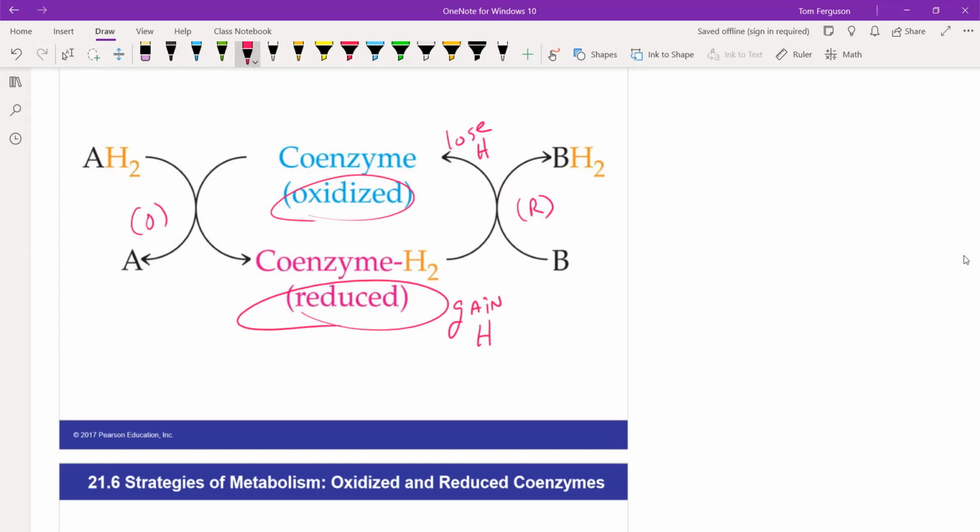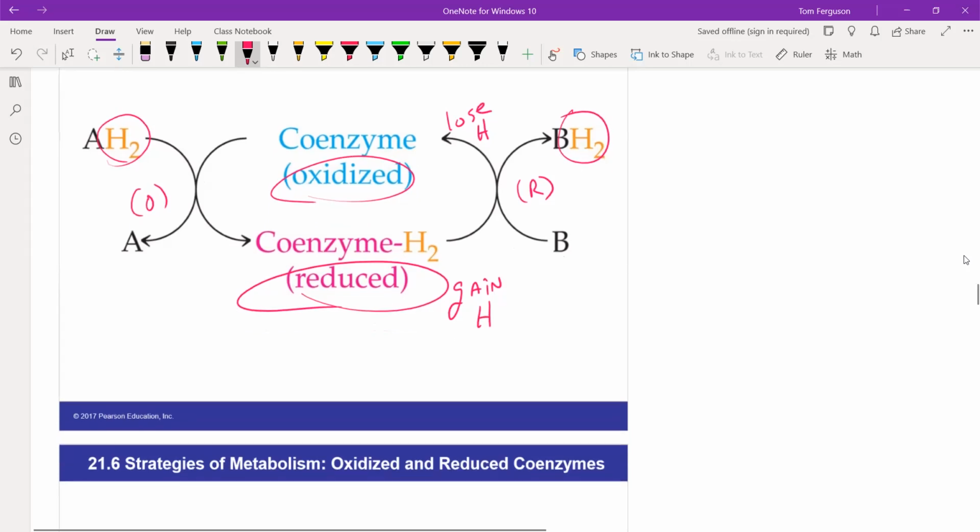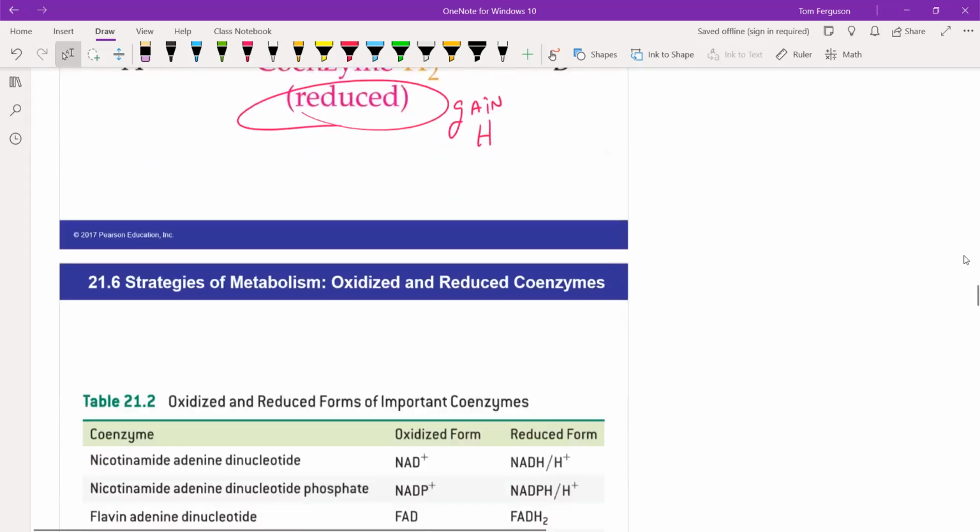The same amount of H's are lost and gained at the same time. And in your 305 class, when you talked about single replacement reactions, you talked about oxidation reduction, theoretically. That's what this is, the same thing, only instead of electrons, we're talking about hydrogens now in biochemistry.